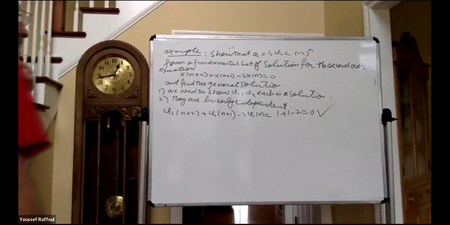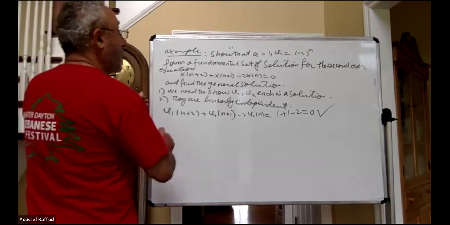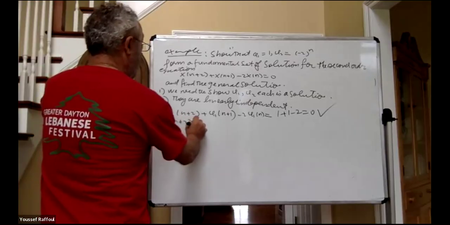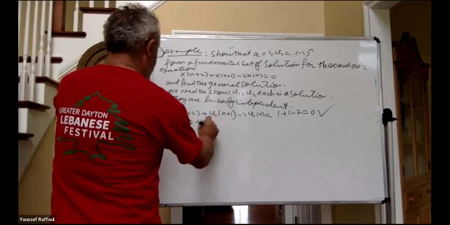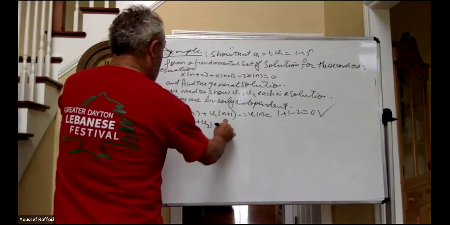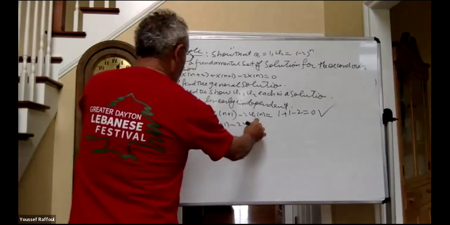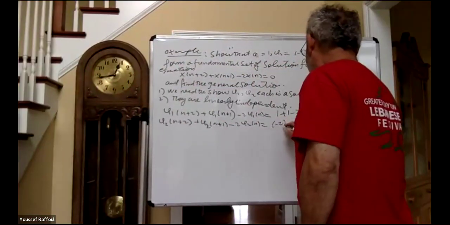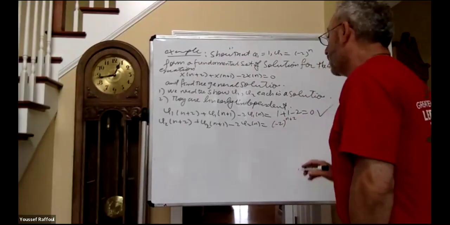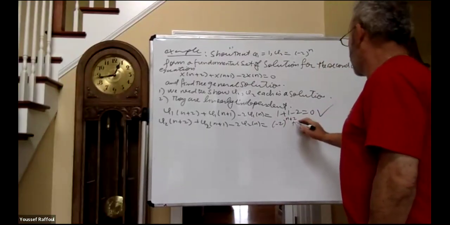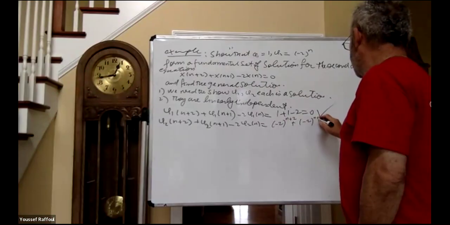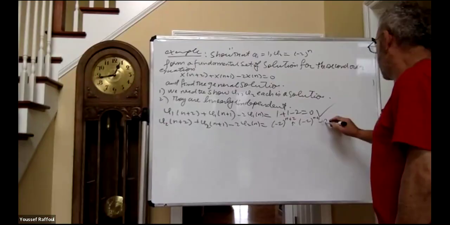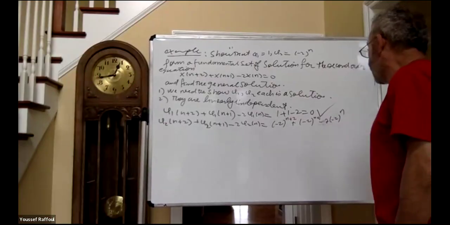Okay. What about minus 2 to the n? Phi 2 of n plus 2 plus phi 2 of n plus 1 minus 2 phi 2 of n equal to minus 2 to the n plus 2, plus minus 2 to the n plus 1, minus 2 times minus 2 to the n.